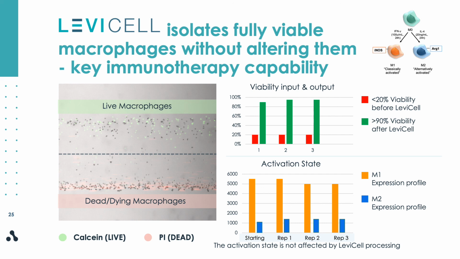As far as we are aware, no other technologies out there right now allow you to obtain fully viable macrophage populations directly from tumor samples without modifying their expression profile and, in fact, their activation state.